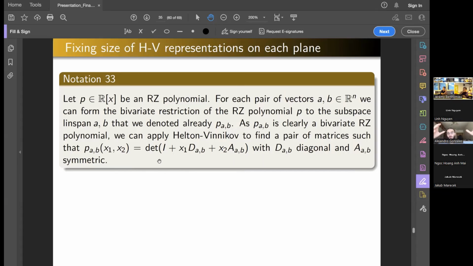But if you then complete this polynomial, you take a bigger polynomial with more variables, so that all the matrices in this determinant representation generate the space of all symmetric matrices, and you take the same operations that you do for the relaxation, then you will get a determinant representation of this polynomial.